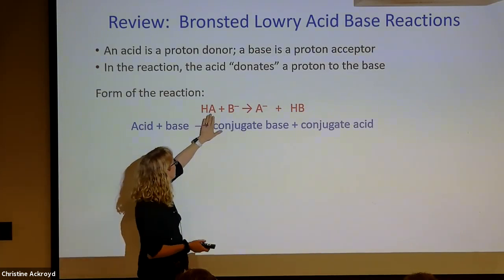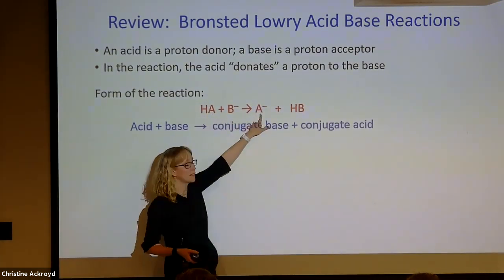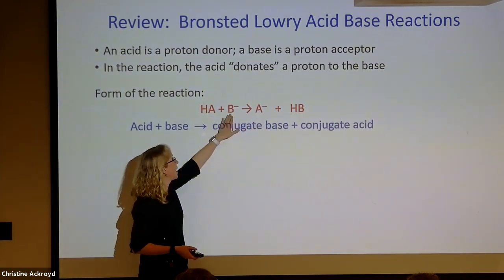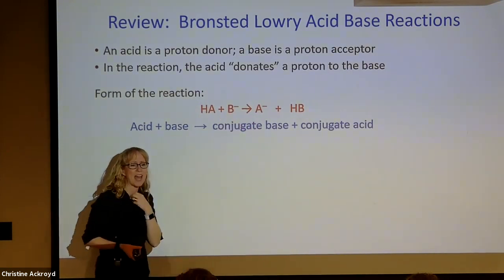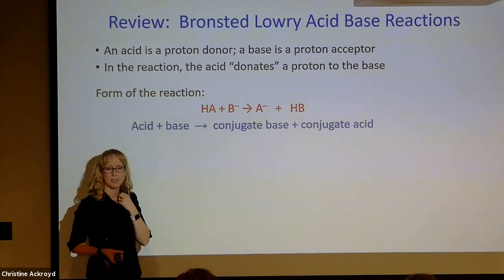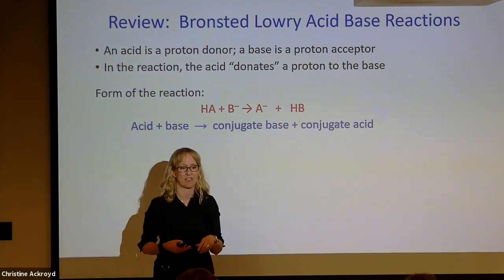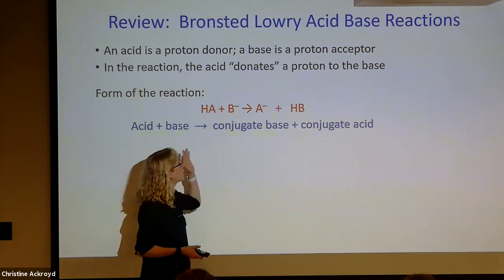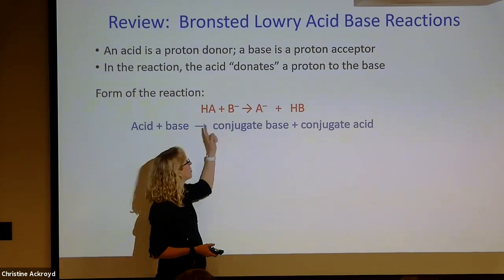We look at the formula, this molecular structure becomes A-, when H+ left it. And the base, here we're denoting as B-. What would the base have to have to act as a base? Often it has a negative charge. It doesn't have to. What does it have to have? A lone pair. Okay, because the lone pair is going to supply the electrons that become the bond to the H+.